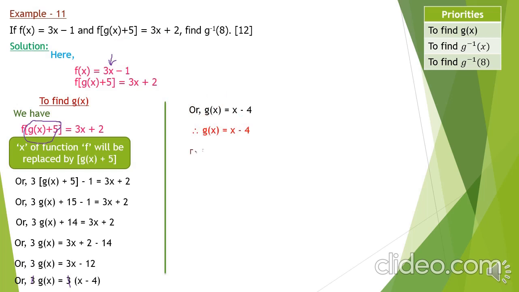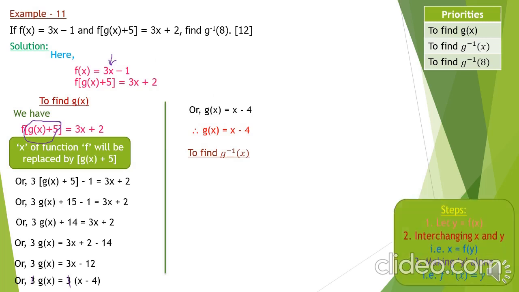Now to find g inverse x, the step is given. First step, let y is equal to fx, in this case it is gx. Changing x and y, x is equal to y minus 4, and making y alone, x plus 4 equal to y. Now it's alone, so g inverse x is equal to x plus 4.